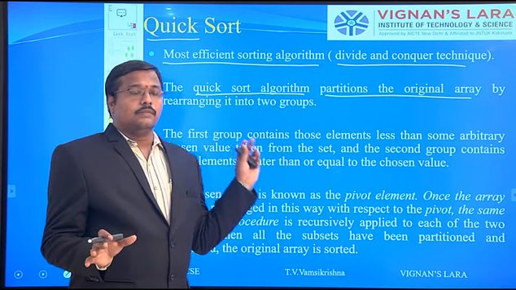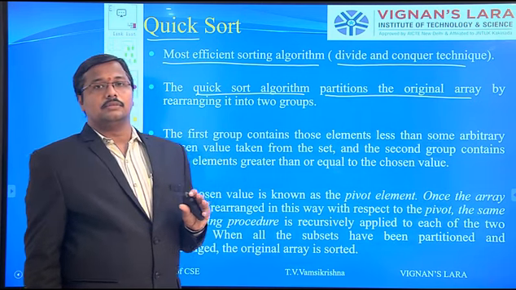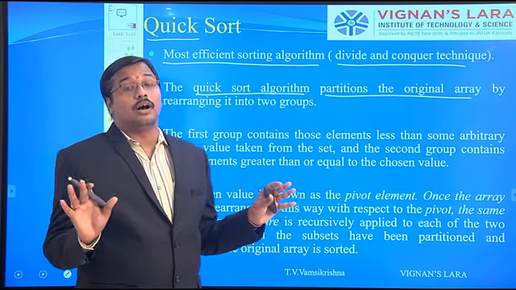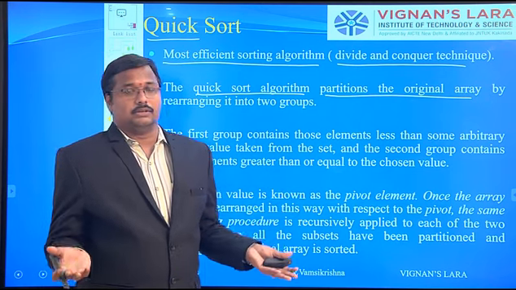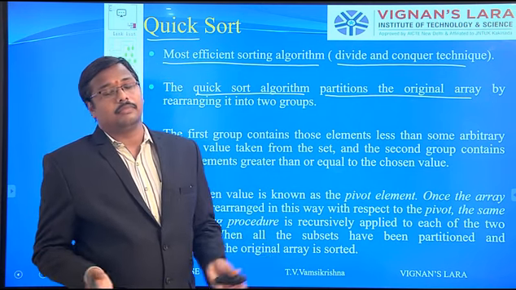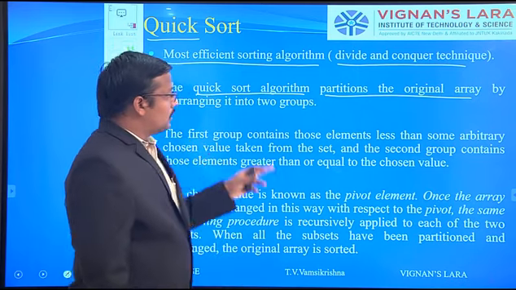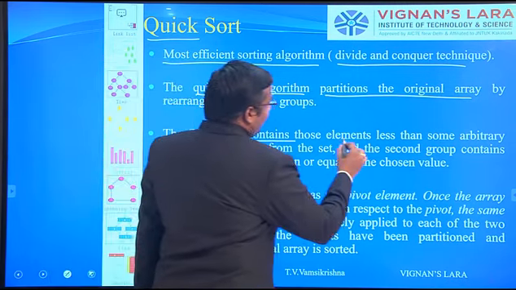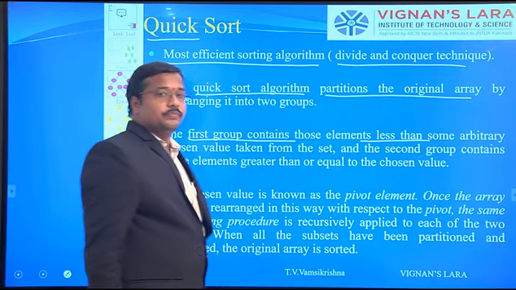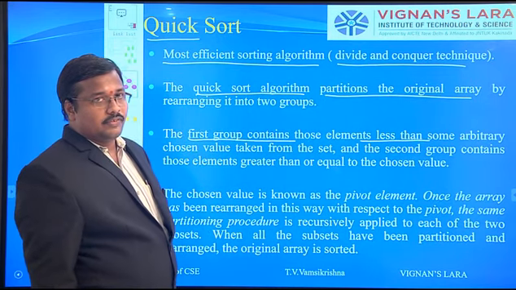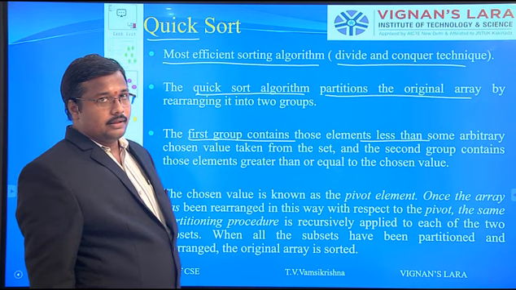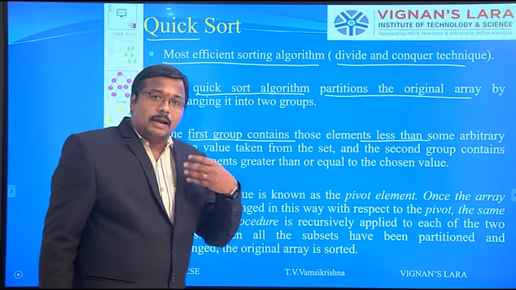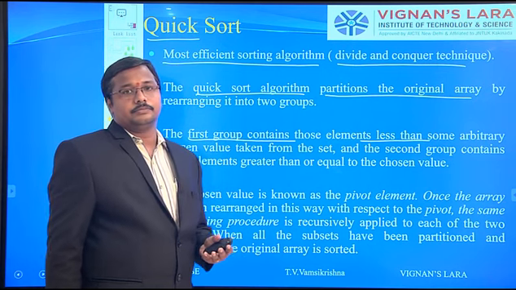But here we choose some pivot element, and based on the pivot element we divide the array into two halves. That is not necessarily equal; maybe it is equal, maybe not. The next thing is that we form groups of elements, and based on the groups, again we apply the quicksort technique.